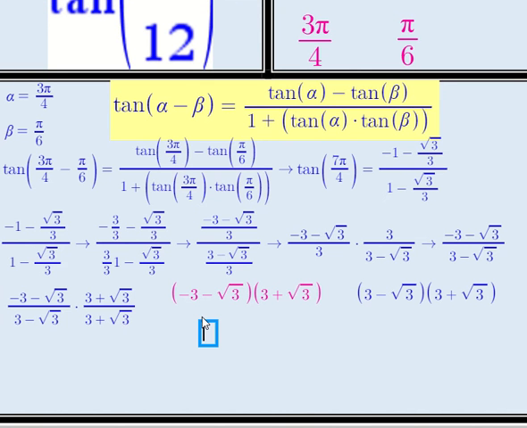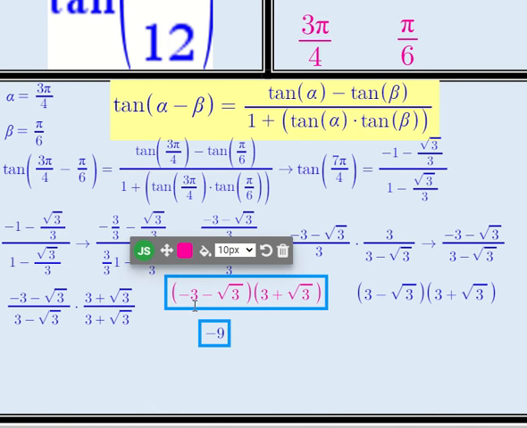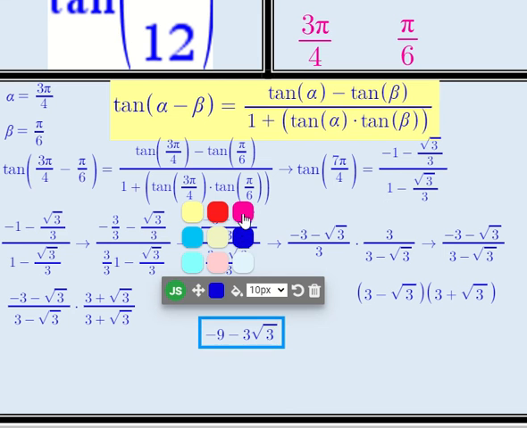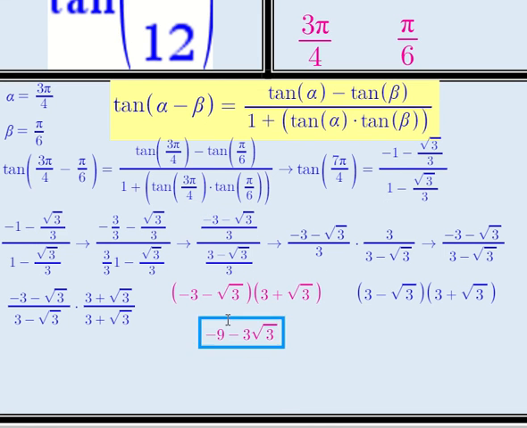So for the numerator, negative 3 times 3 is negative 9. And then negative 3 times radical 3 is negative 3 radical 3. So the negative 3 did its job. Now it's time for the negative radical 3. So negative radical 3 times 3 is negative 3 radical 3.